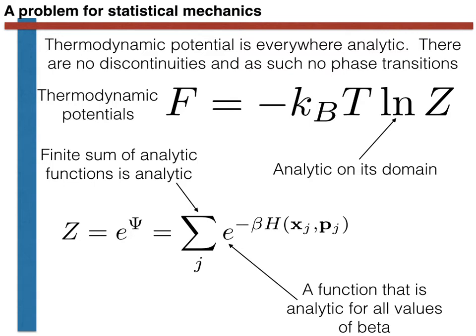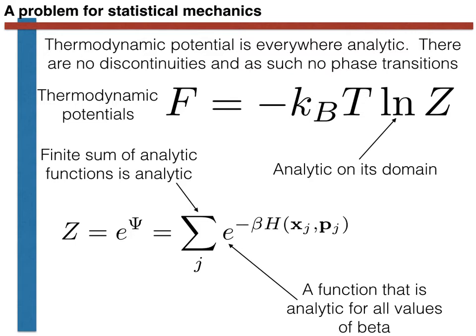In conclusion, the statistical mechanics we have studied thus far predicts that the thermodynamic potential never changes in a non-analytic fashion, which is not consistent with the existence of phase transitions. As I indicated at the start of this video, realizations much like this one we've just gone through represented a great challenge in the early days of statistical mechanics.